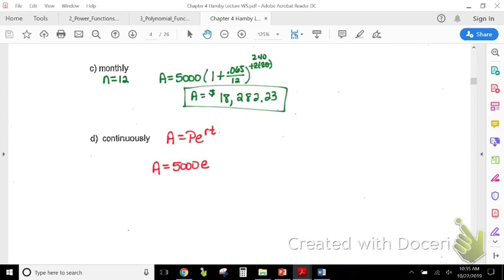E is that button on my calculator that represents that irrational number, raised to the rate as a decimal times the time in years. And what did we get? $18,346.48. Very good.